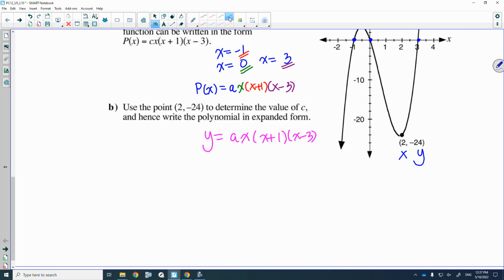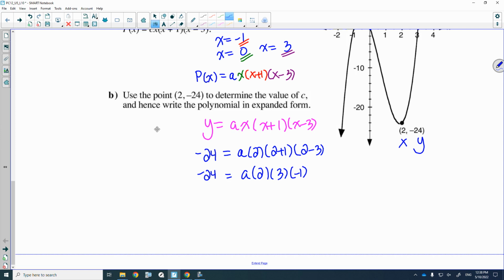So let's see what we would get. -24 is equal to a, x is 2, so 2, 3, and -1. -24 is equal to, I know that this is -6, but how I like to write it is I like to put it in front, -6a.